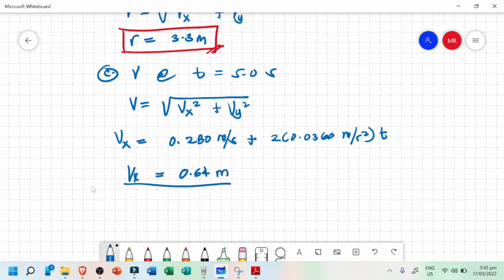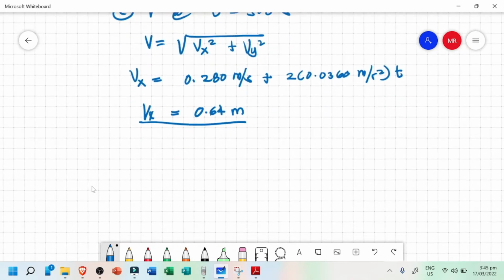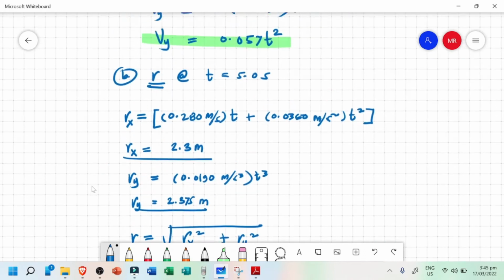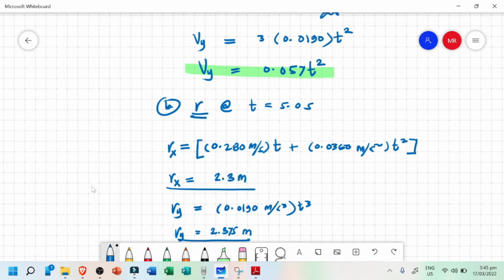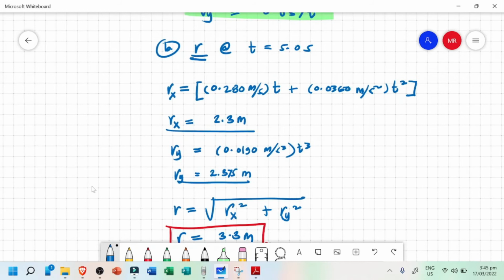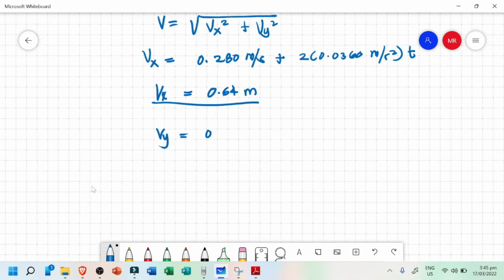Let's also solve for Vy. Now Vy, according to our function with respect to time, is 0.057 t squared.